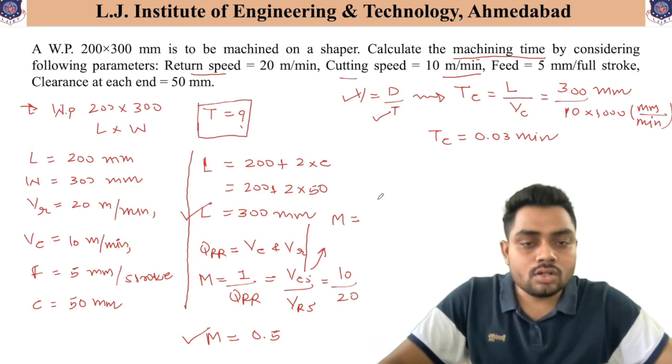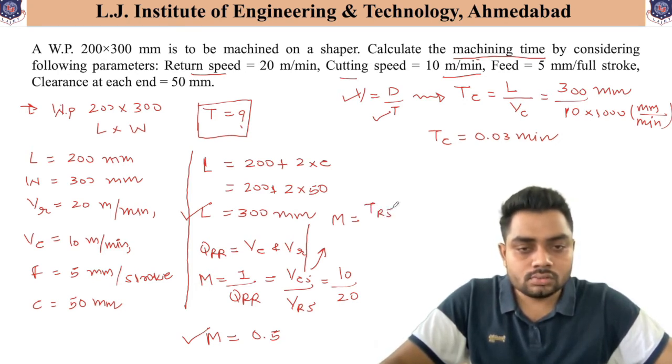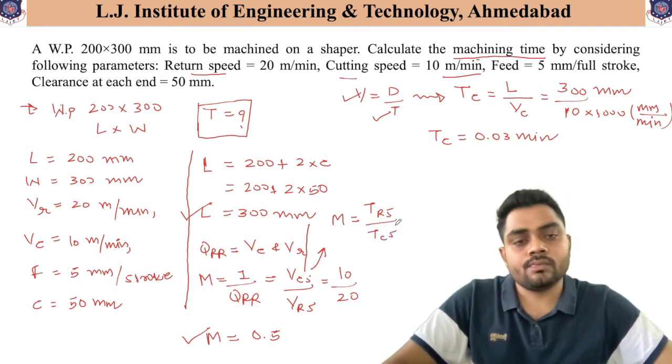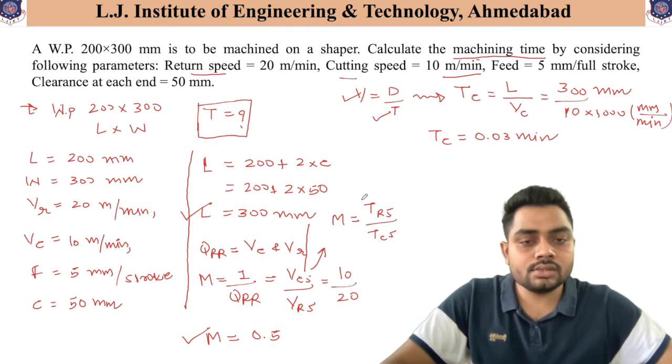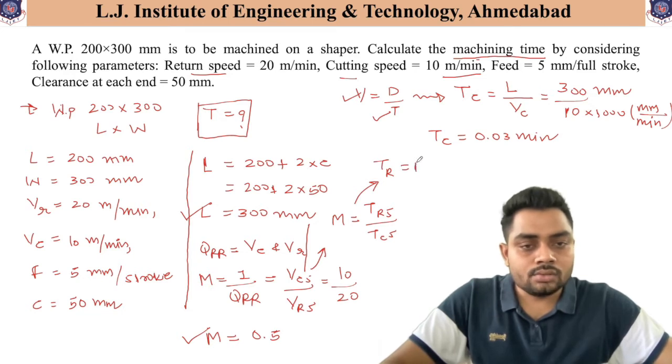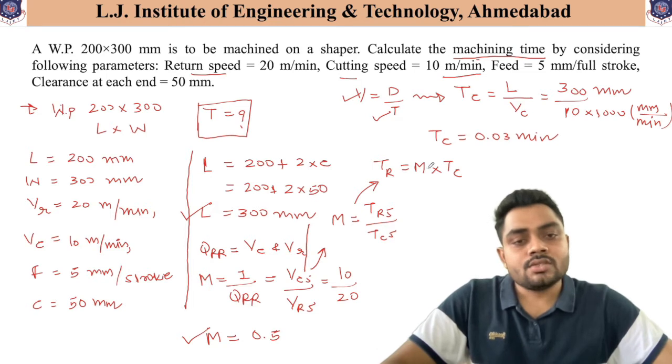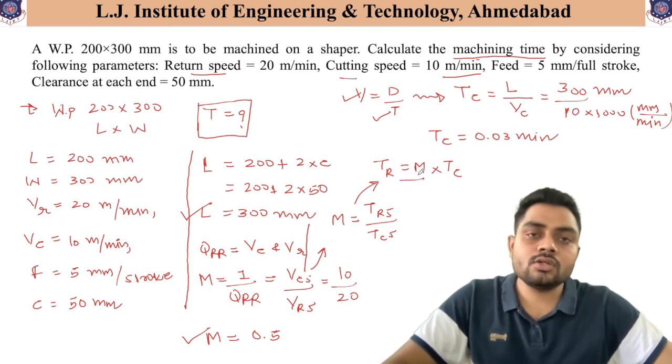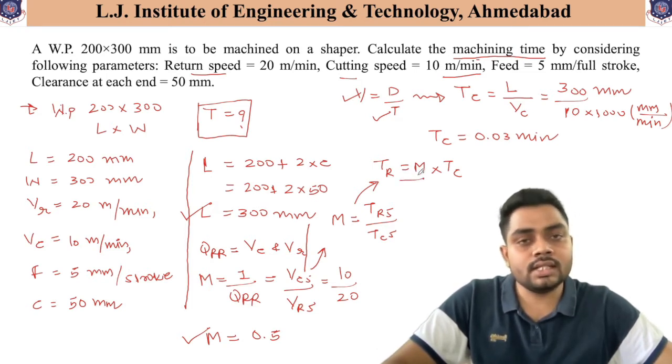So m can also be written in the form of time for return stroke divided by time for cutting stroke. So now we need to find the time of return stroke. So how can we find time of return stroke? So time for return is equal to m into time for cutting. So now using this simple equation, we can find the time required for the return stroke.